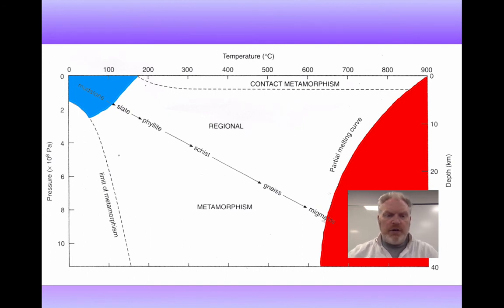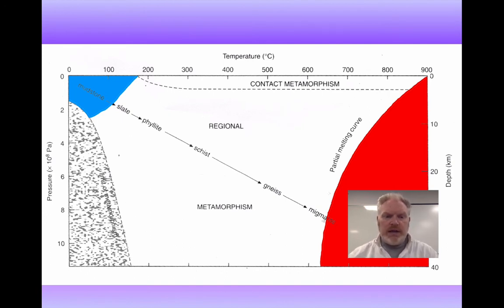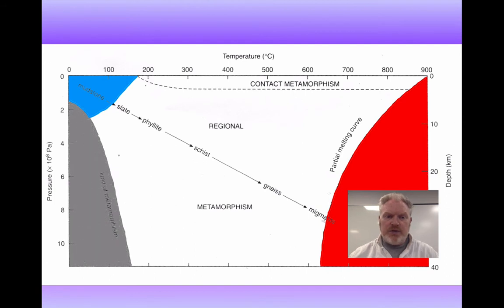The third area I want to colour in is the grey area there. You see there's a curve there marked limit of metamorphism. Those conditions don't exist. They don't exist naturally on Earth. You cannot have pressure that high at temperatures that are that low.